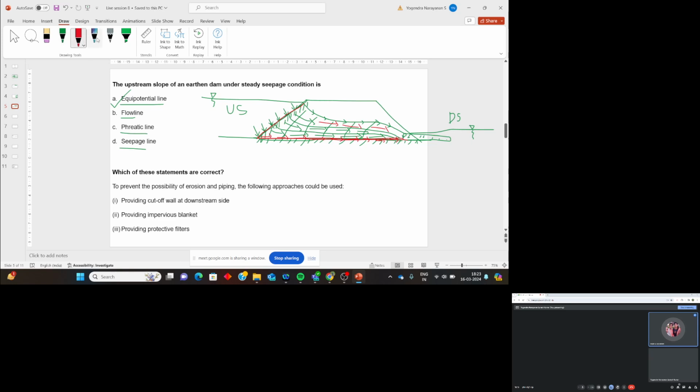See, just a minute. So let me use this. See, this is the equipotential line. This is the flow line. Now, are you able to understand? Yes, sir. Now, what is the condition for equipotential and flow lines?